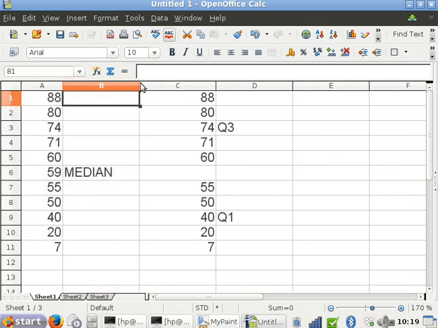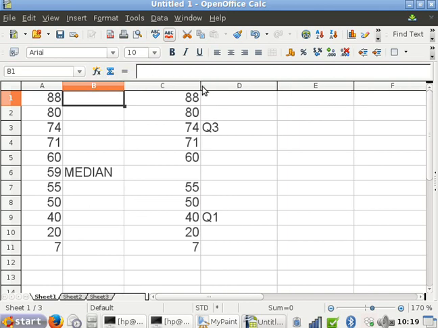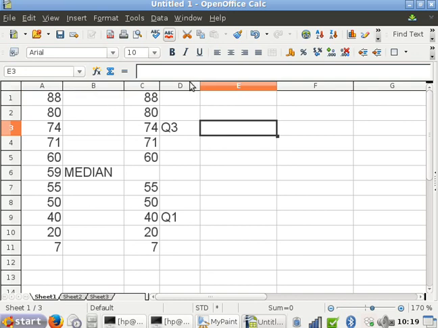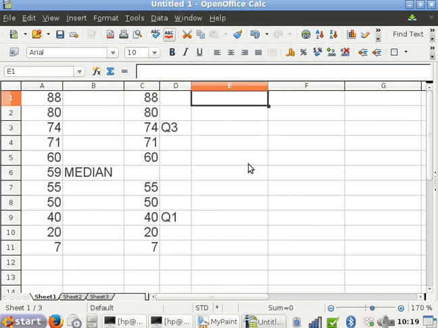Now what I'll do next is include the median. Oh no, I don't need to write them again because I'm including it. I have it already here. So if you look at these 1, 2, 3, 4, 5, 6 numbers here, what would the median be? It would be 71 plus 74 divided by 2.